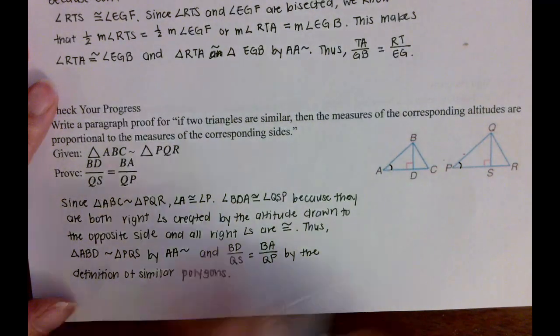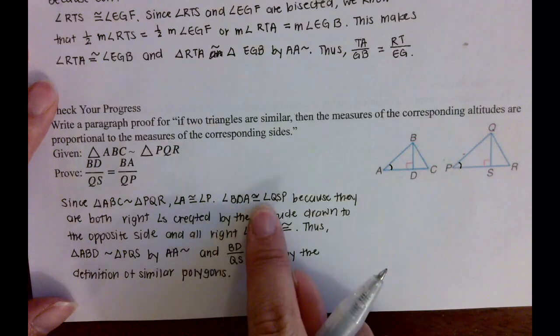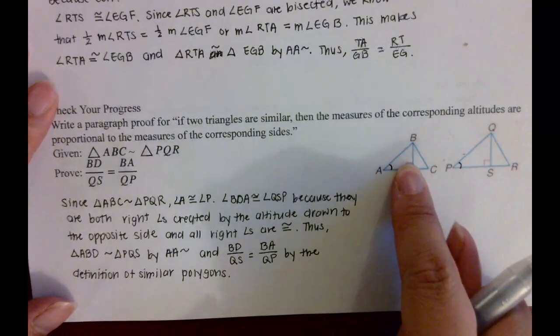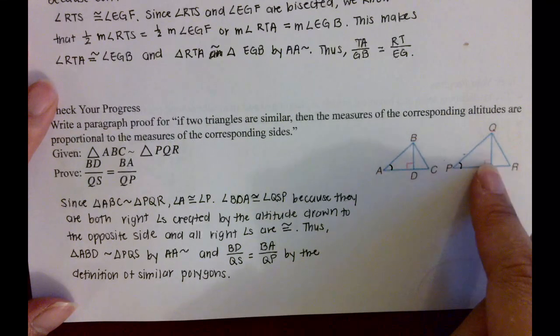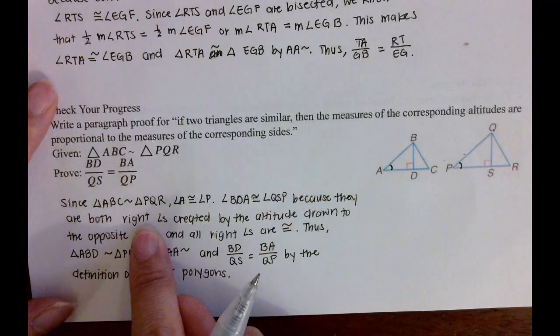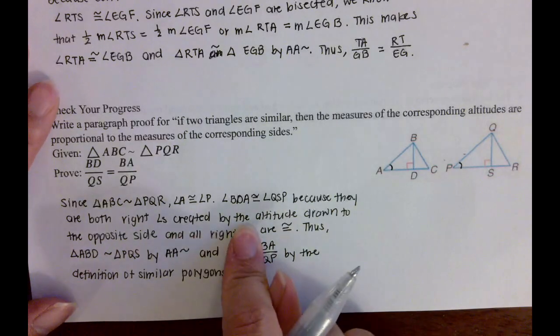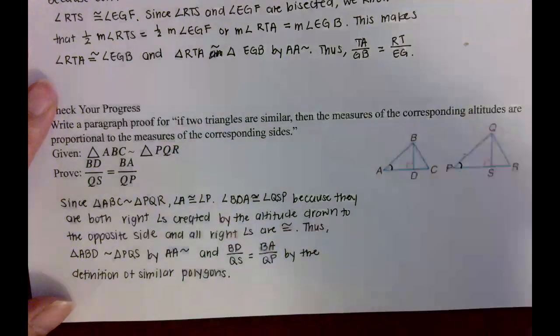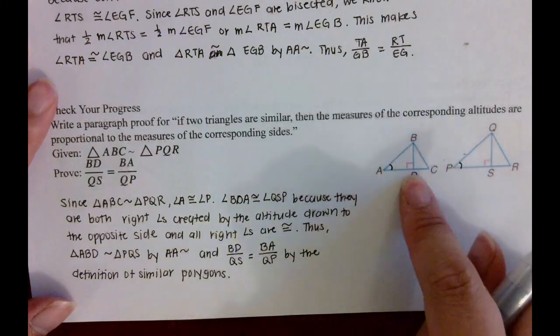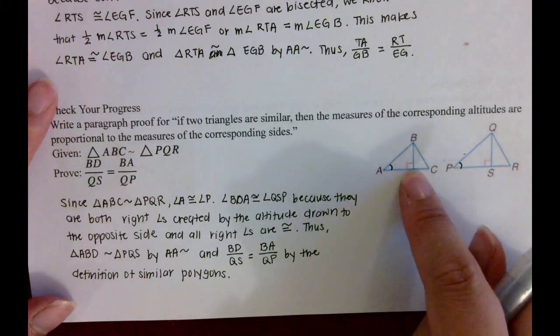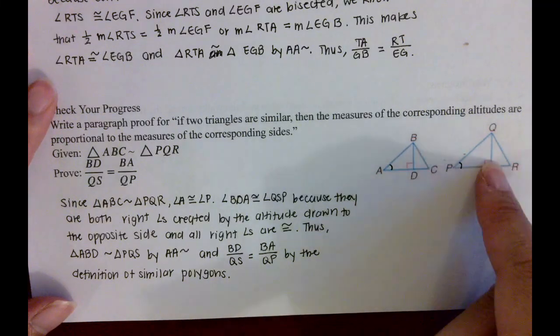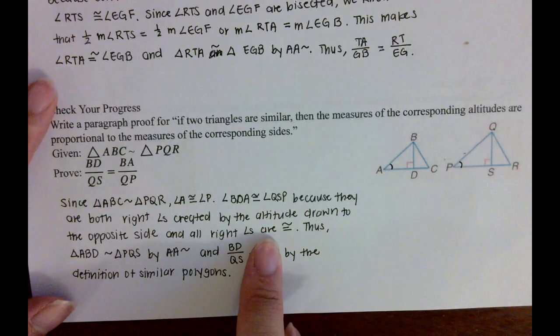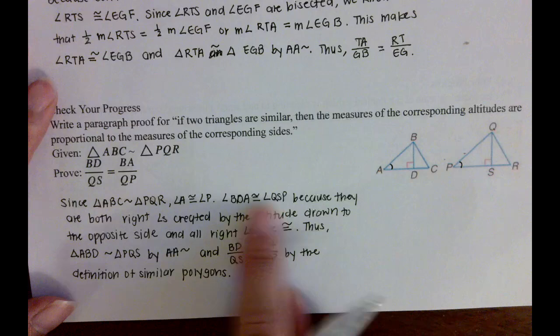Then angle BDA, this angle here, is also congruent to angle QSP because they are both right angles created by the altitude. Remember, an altitude goes from a vertex to the line on the opposite side and creates a 90-degree angle. Since they're both right angles, we know that all right angles are congruent, and so these two angles are congruent.